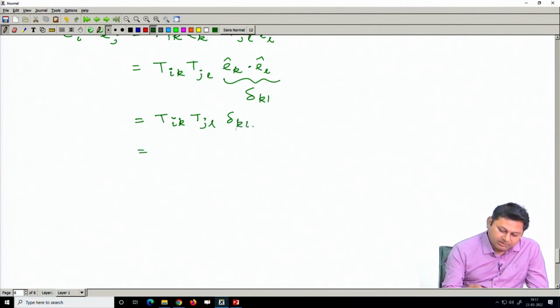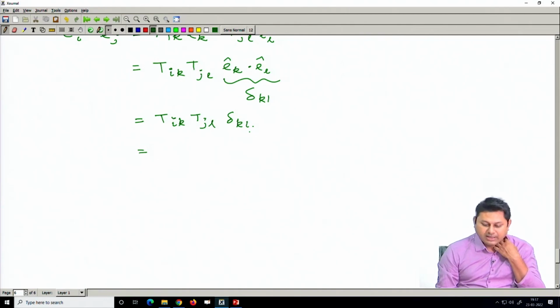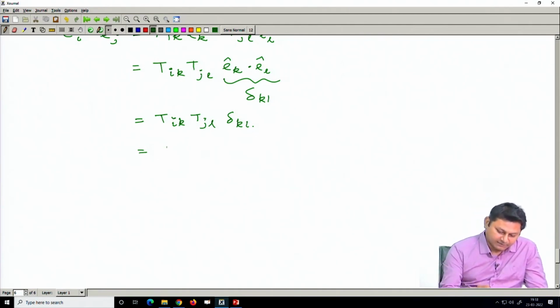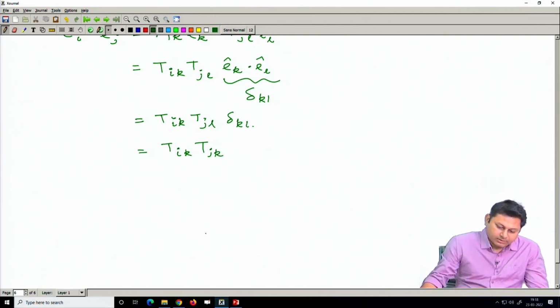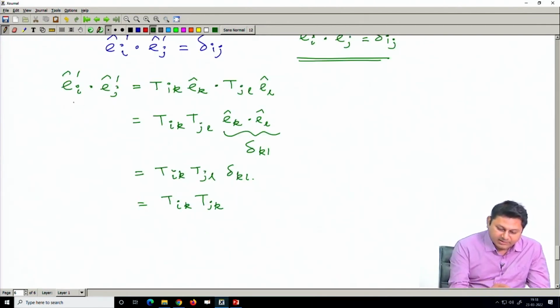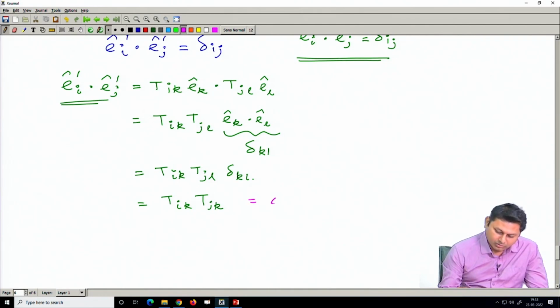So it will be 0 if k and l are different. Only when k and l are the same can I have this. So I can simply write T_ik and T_jk. Mind it, I started with this quantity, so that is already equivalent to delta_ij.